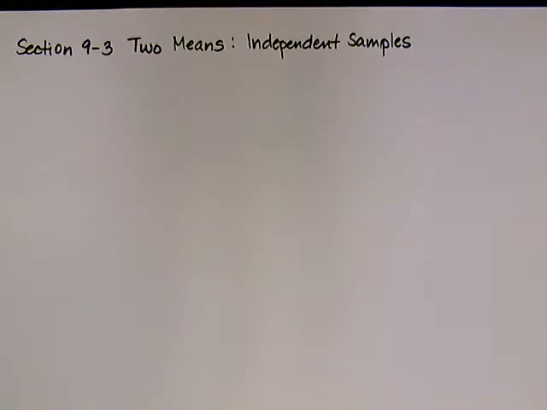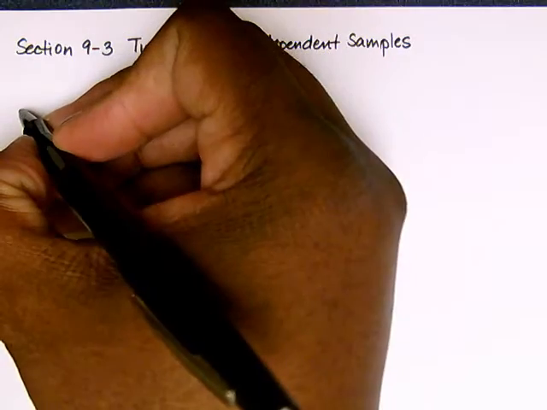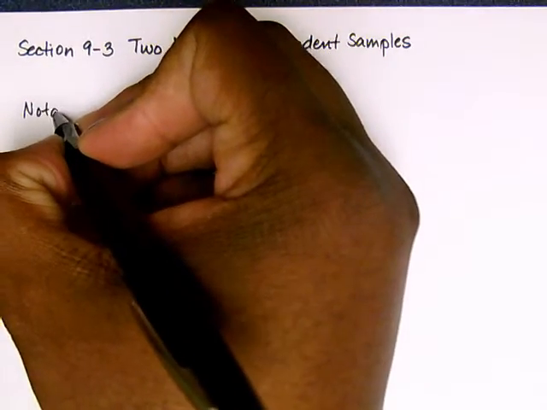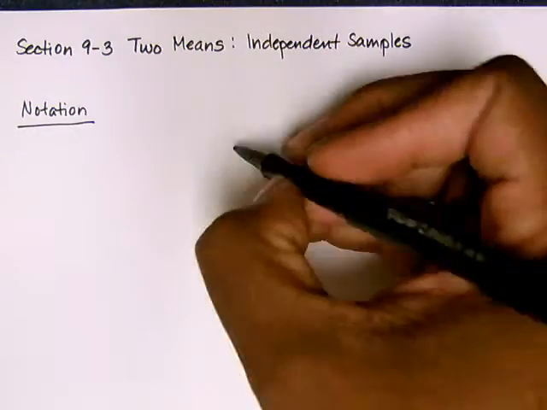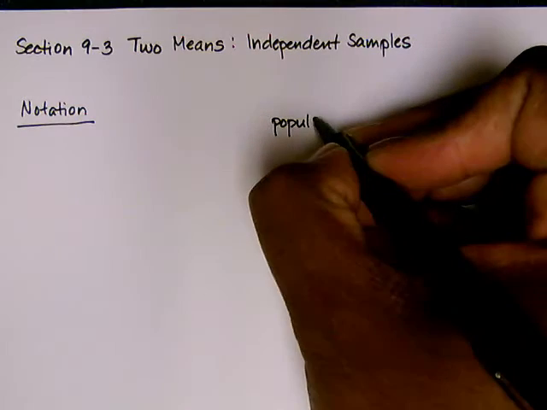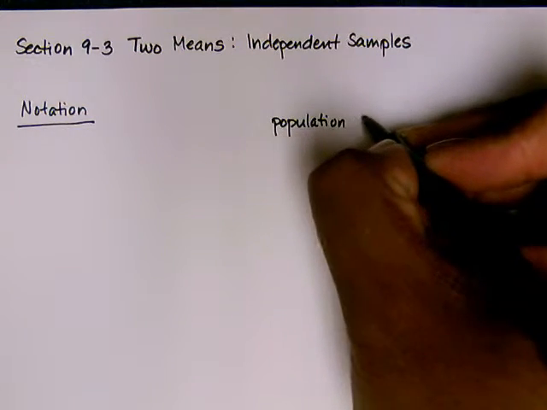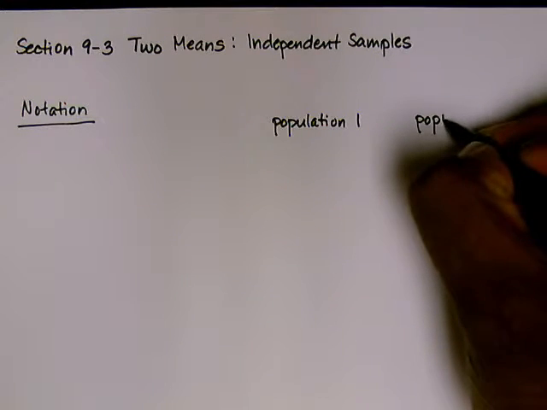First of all, we need to give you some notation related to this video on two means with independent samples. We'll be dealing with population 1 and population 2.